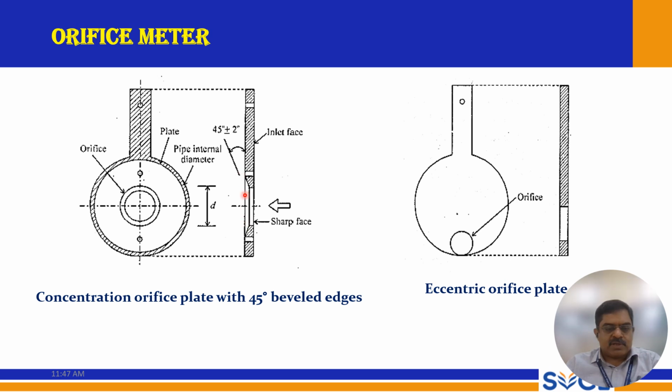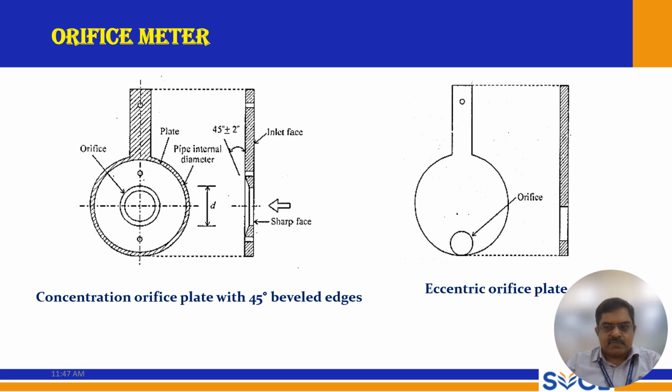So the flow can be measured through this path, and this is the eccentric orifice plate. Instead of placing it at the center, it is placed at the end, and from the center of the orifice meter to the center of this pipe, you can see there is an eccentricity between these two centers.